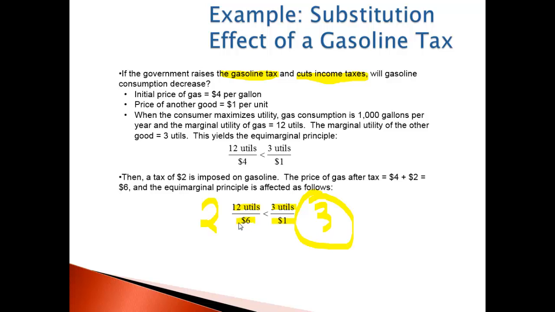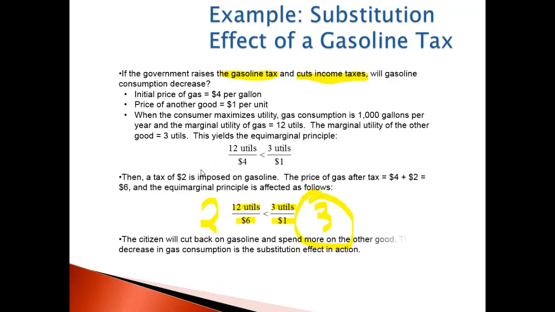So therefore, after the tax is imposed and only a tax is imposed without the income change, we're going to choose the thing that gives us the most utility. So citizens will cut back on gasoline and spend money on other goods. That's known as a substitution effect. It's not based on our income taxes, right? It's based on the fact that we're only taxing the gasoline.